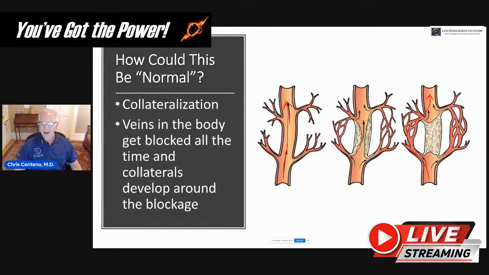So you might have severe internal jugular vein compression like this one, but the body creates veins around that blockage. So we have to be very, very careful about being too freaked out when we get these reports showing internal jugular vein compression.